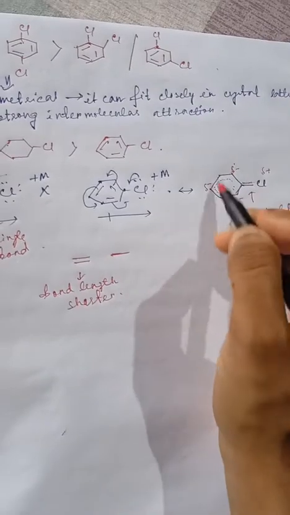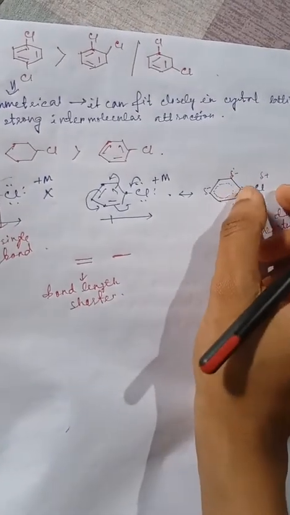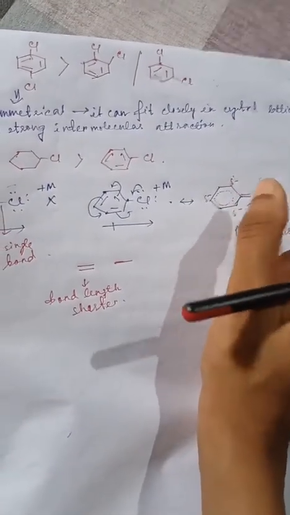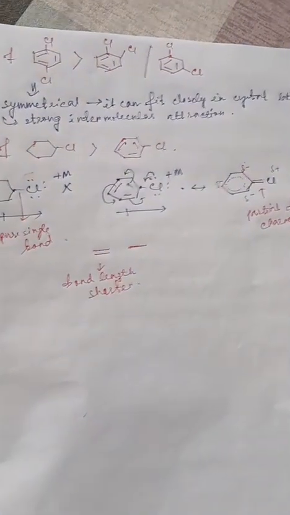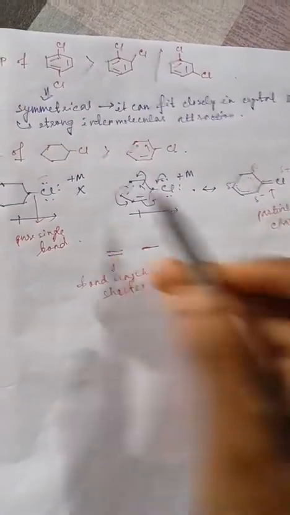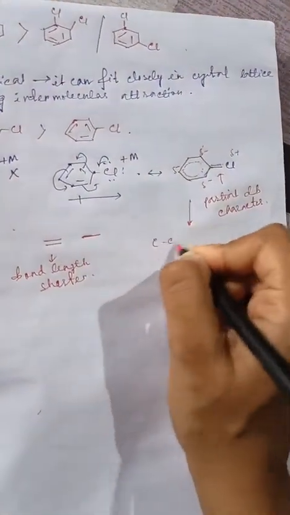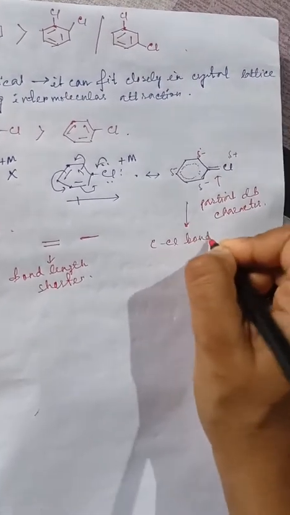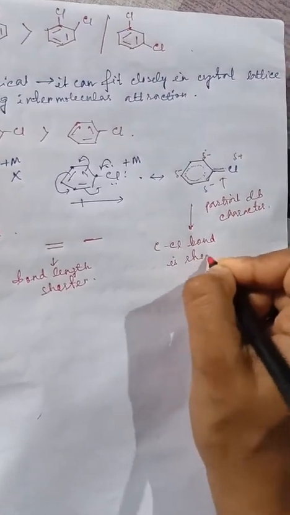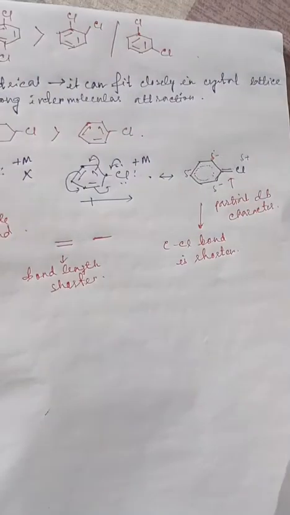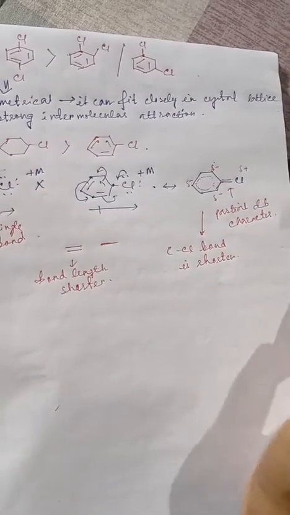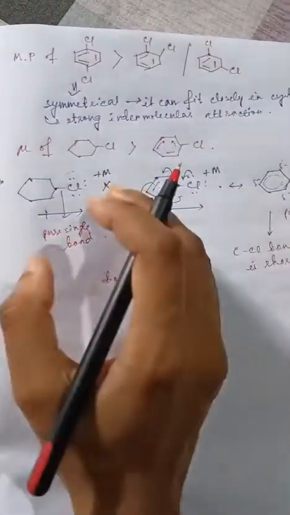So this is the reason this C-Cl bond becomes shorter. Now this question might come in an exam, which C-Cl bond is shorter. So there is another question, okay, another question solved here. So here the C-Cl bond is shorter. Okay, so now back to the dipole moment question.